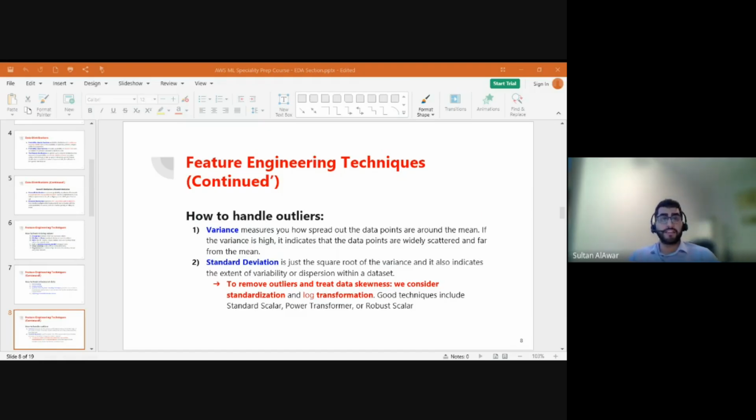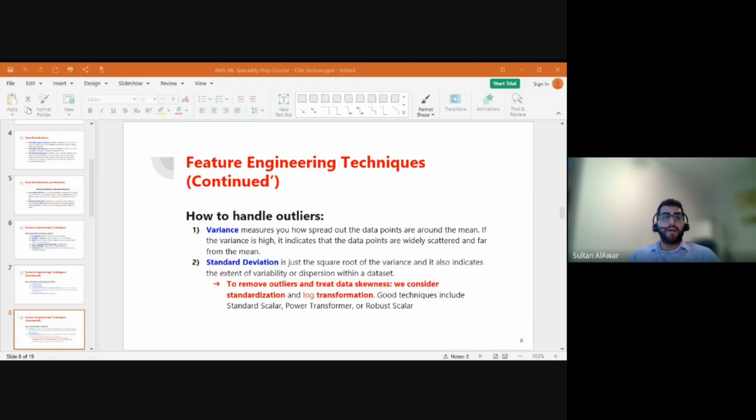If the variance is high, this indicates the data points are widely scattered and far from the mean. Whereas standard deviation is also a statistical measure, and it's simply the square root of the variance. It also indicates the extent of variability or dispersion within the dataset.